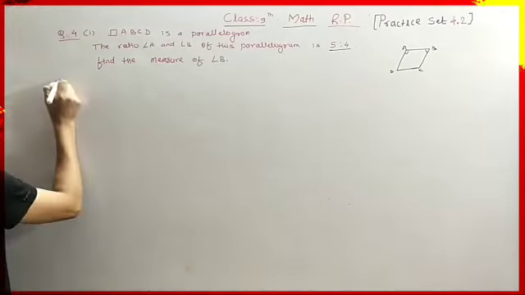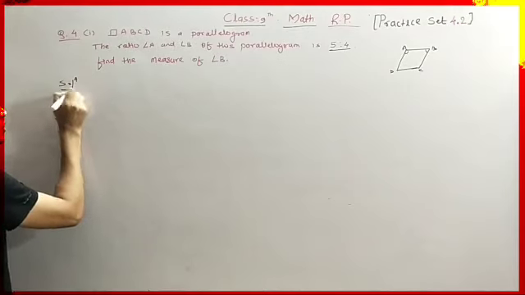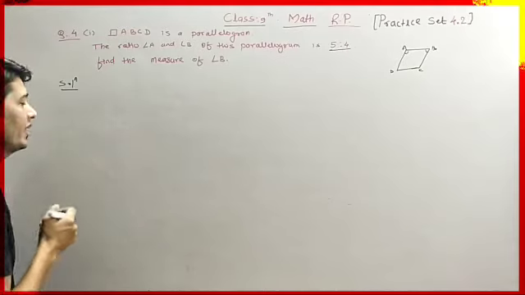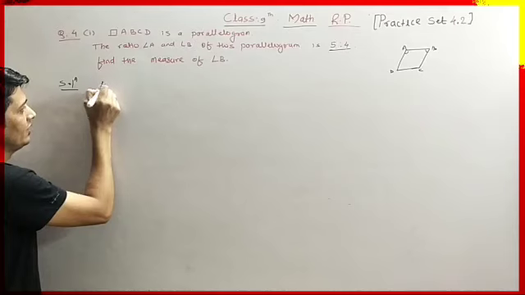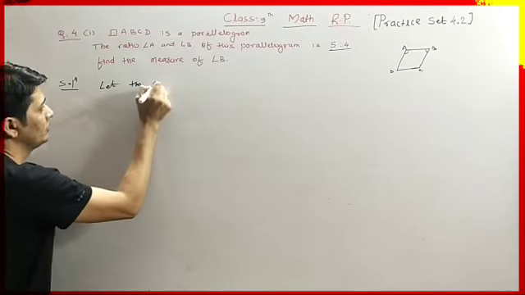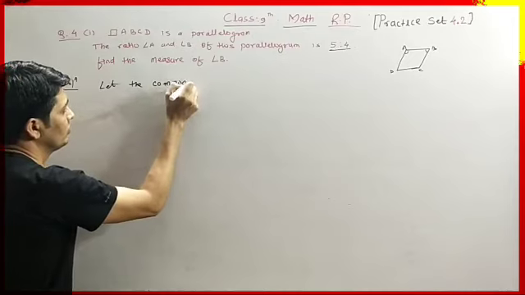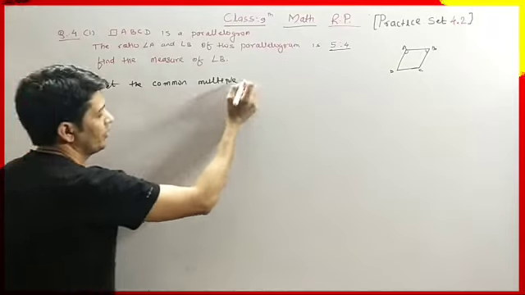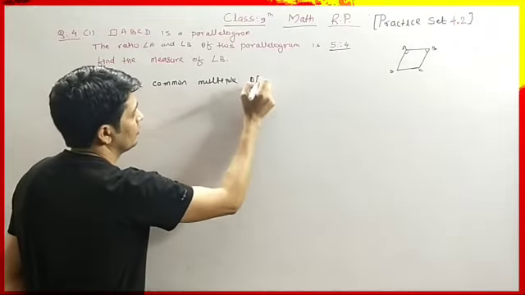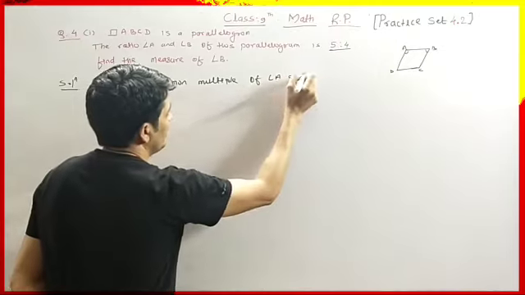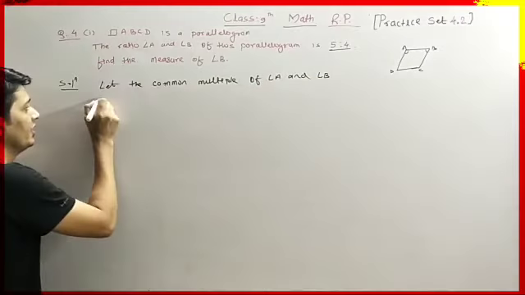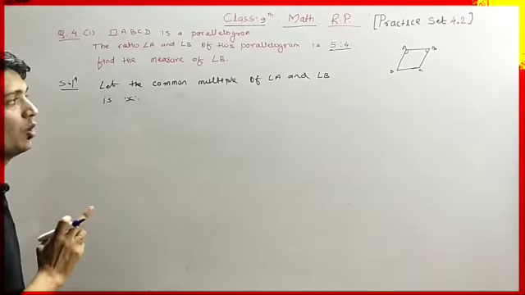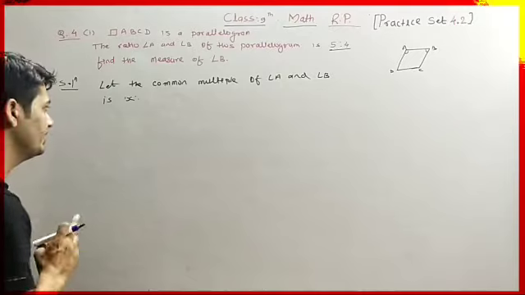In the solution, first we have to consider the common multiple of angle A and angle B. Let the common multiple, or common factor, of angle A and angle B be x.